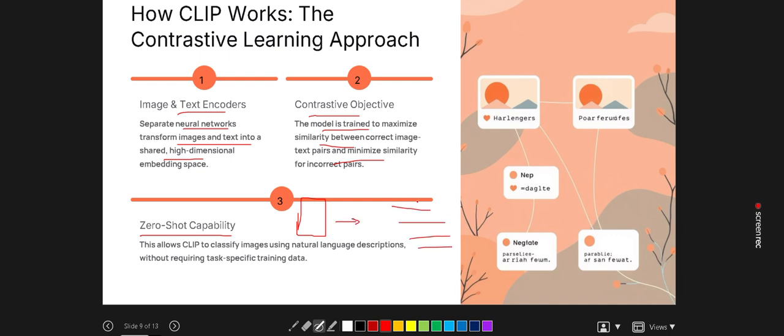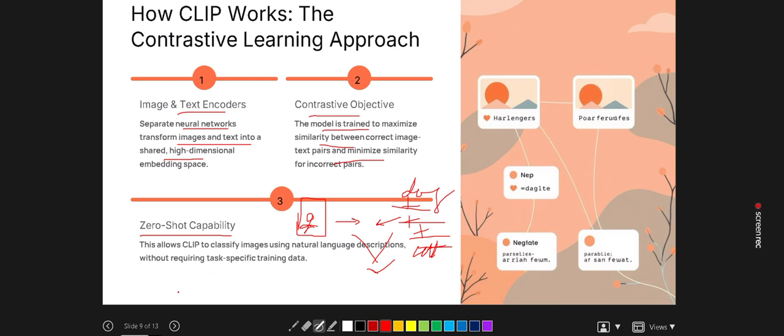All right, so there could be a dog in the image, running, and then I can give a prompt that the dog is running or the cat is running, or anything, right? So the model can give the inference, can just predict based on that prompt, and then it would know that it's a dog in the image. So that's the zero-shot capability.